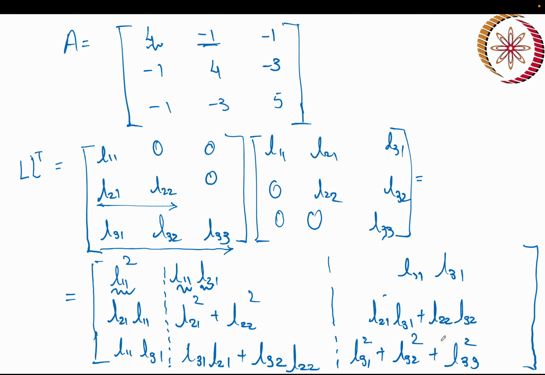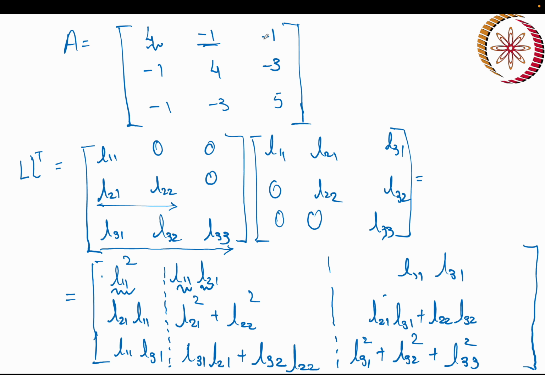Now we will equate the terms in this matrix to the corresponding elements in the A matrix. We get L11 square equal to 4, and that will give L11 equal to 2. Here the sign doesn't matter, we'll just consider the plus value.